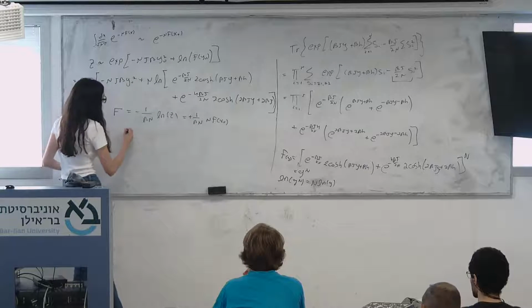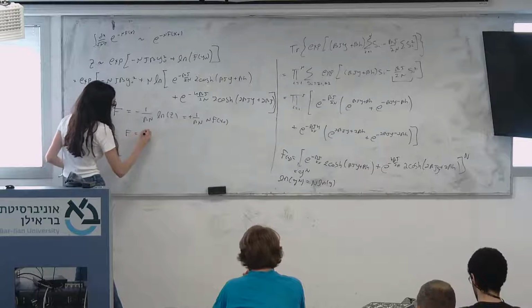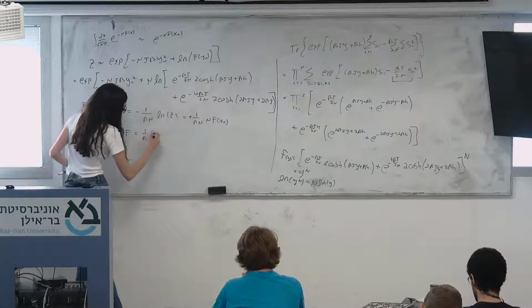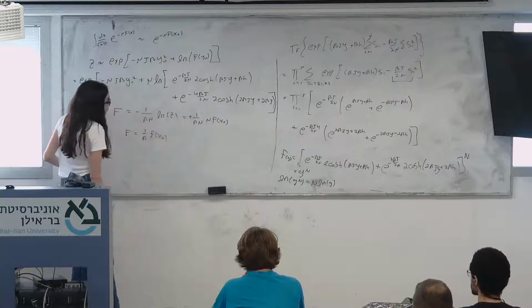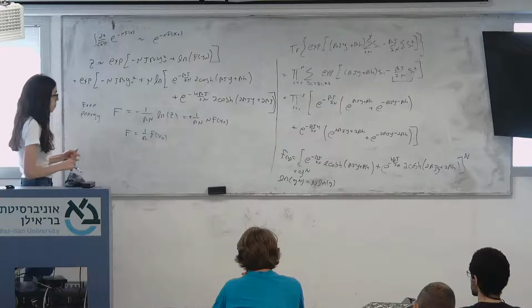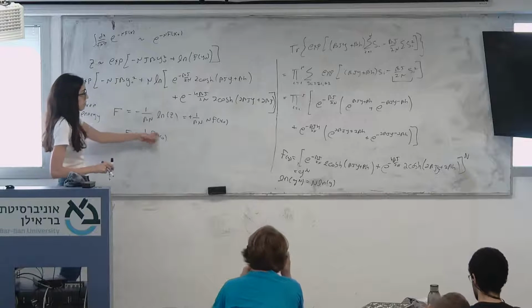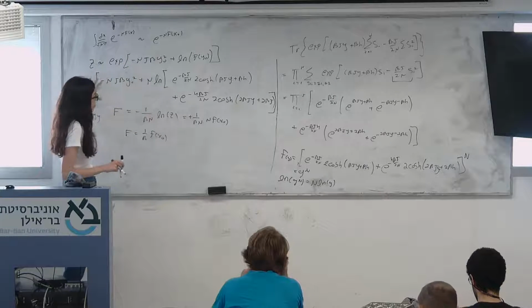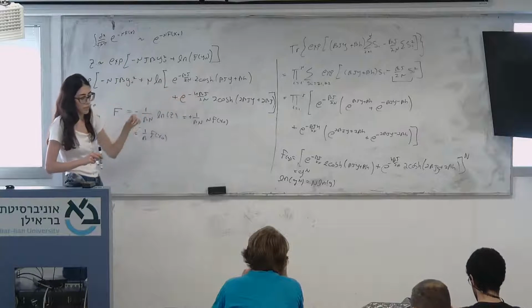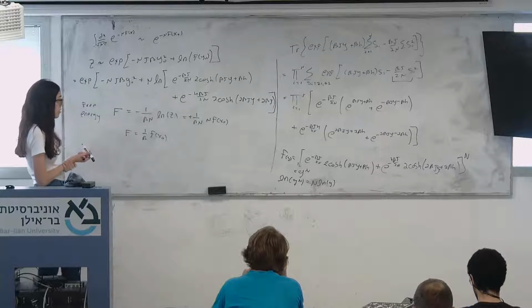So overall, the free energy is 1 over beta f of x0. Well, f is, as we defined here, everything that we have inside the exponent of the z.